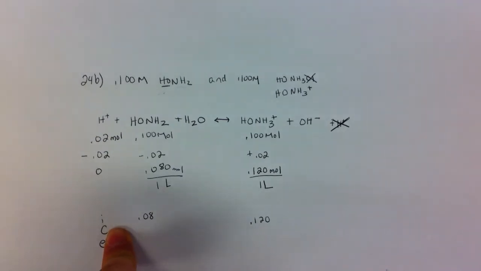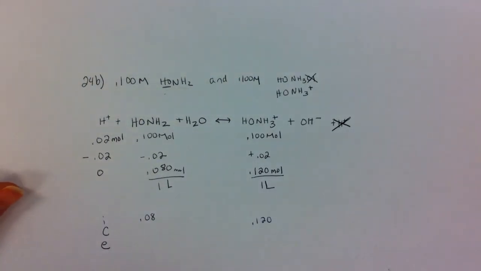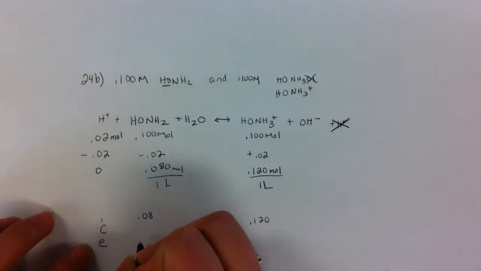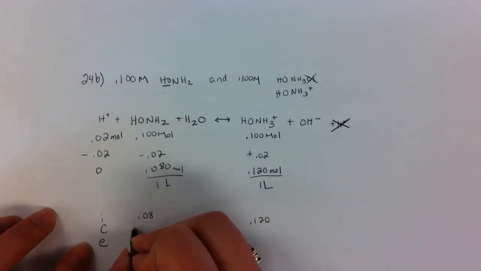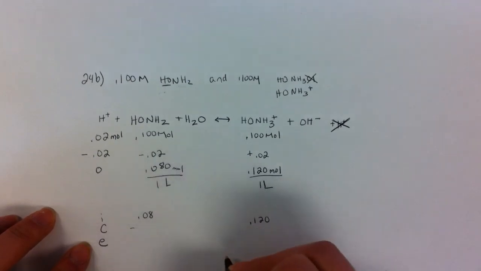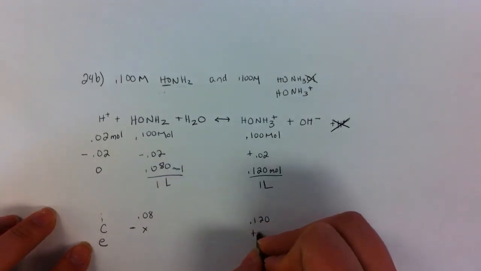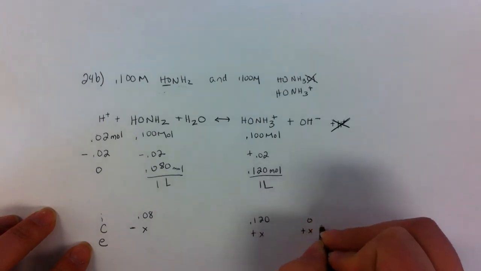So what I'm going to do is I'm going to say, well, it doesn't really matter which one we do. So let's just say we lose x here because this is the way we're used to doing it, plus x and plus x.